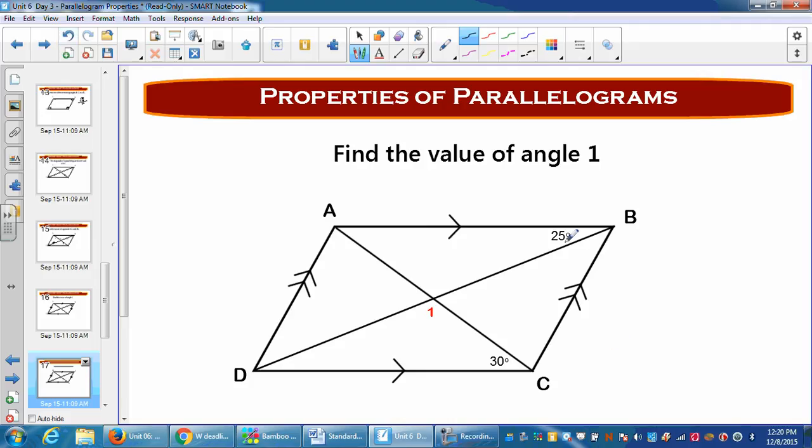Now if we have this, here, if we want to find all the angles, 25, that would be 25. If this is 30, we know that's 30. So all three of these angles make up a triangle. So 25 plus 30, that's 55. Subtract that from 180, and I have 125 as angle 1. And this would be 125 as well.